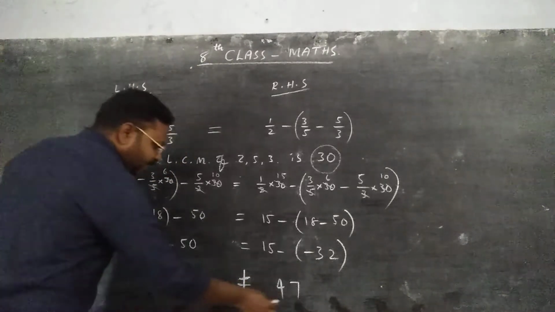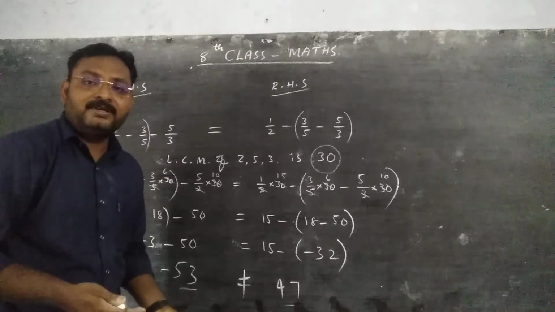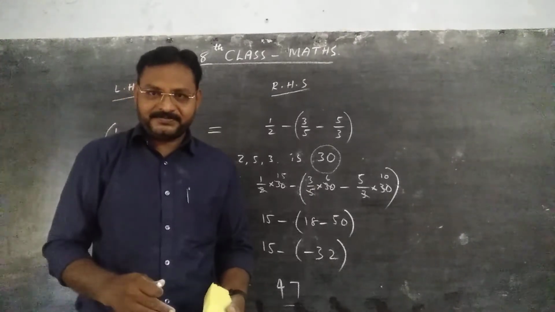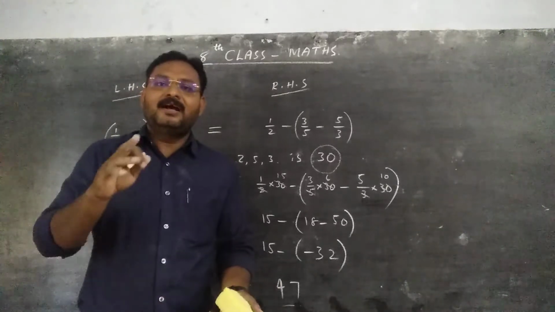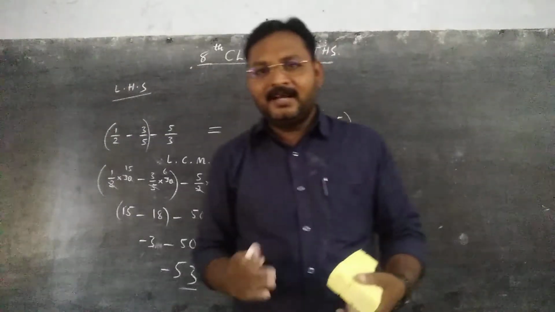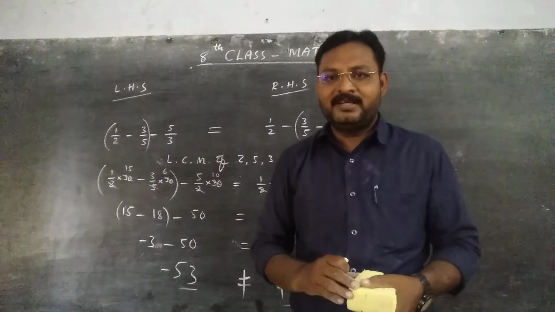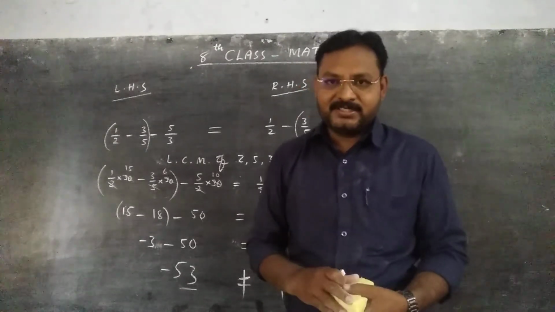Both are not equal numbers. LHS and RHS gave two different numbers. They are not equal. So what do we conclude? We conclude that the associative property is not satisfied under subtraction. This is the conclusion. Did you understand?